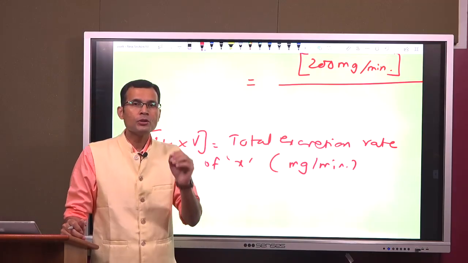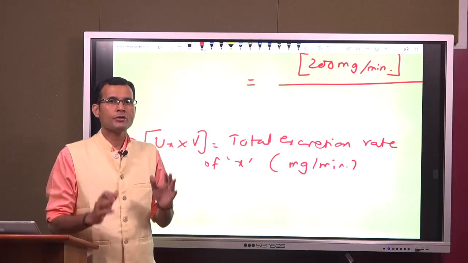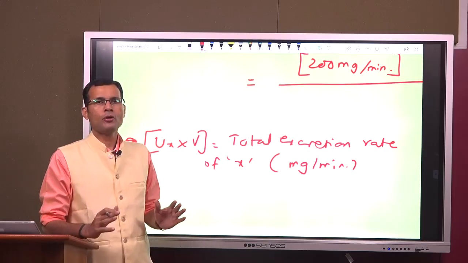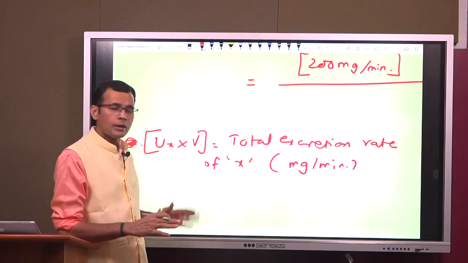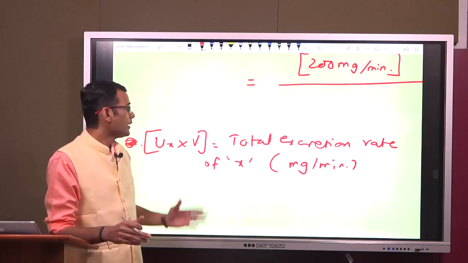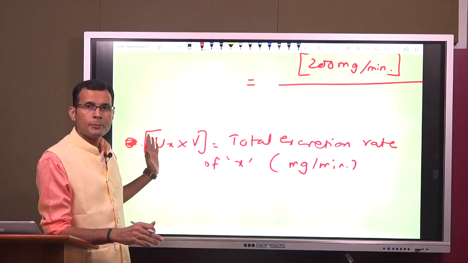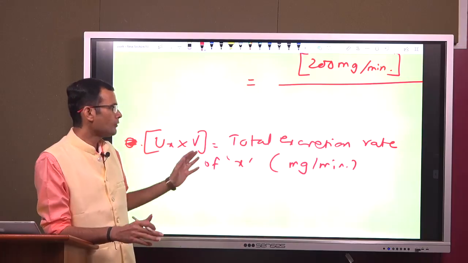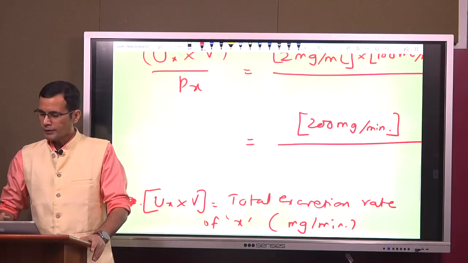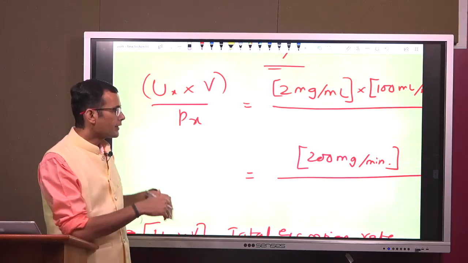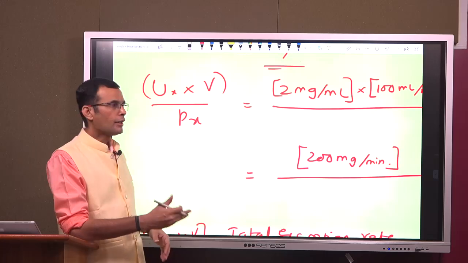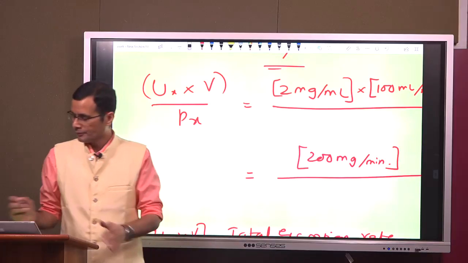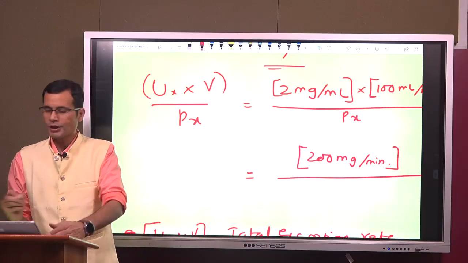So I want you to keep this in mind as a concept. How do you calculate the total excretion rate of that substance per unit time? It is urinary concentration of that substance into total volume of urine, obviously. So that much will be the total excretion rate. That's how the substance is excreted every minute or every hour or every day. And what is the denominator? It's the plasma concentration of X.